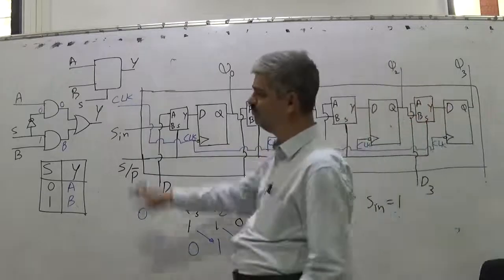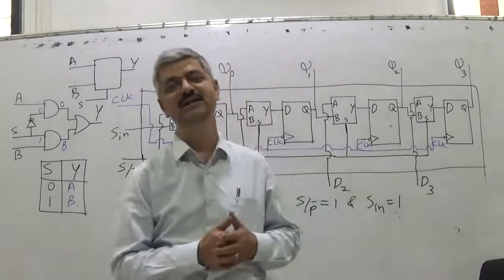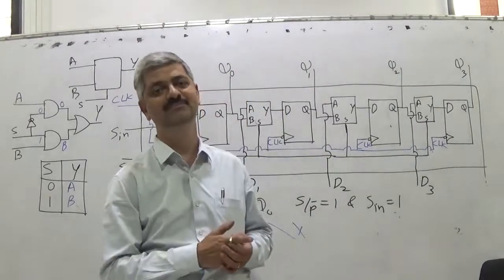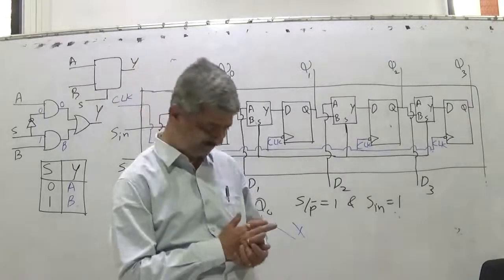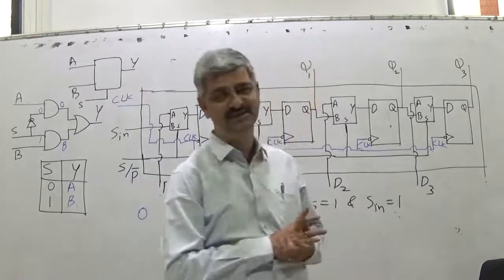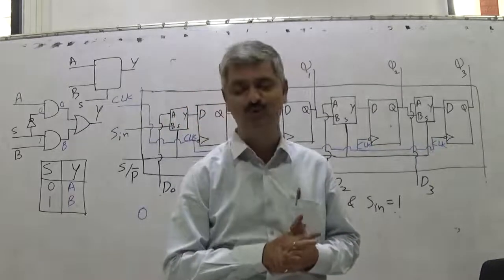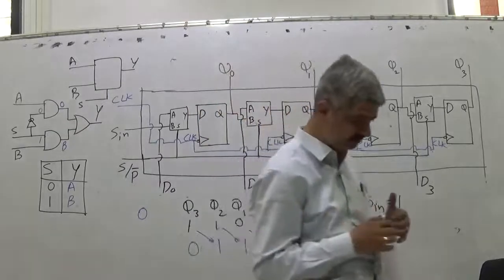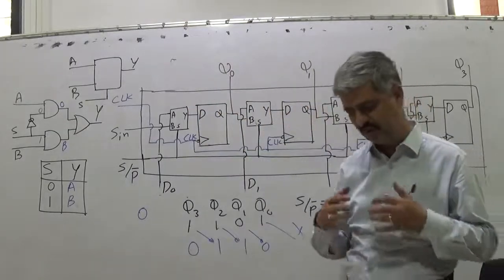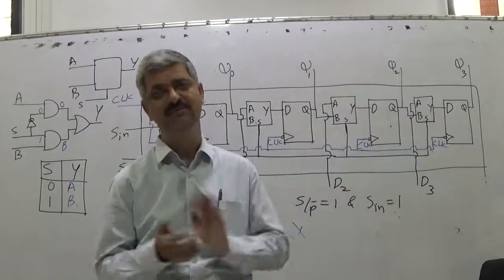There is one more mode called serial mode, in which there is another input pin provided, that is Sin, and whatever is available on Sin comes at Q0, Q0 goes to Q1, Q1 goes to Q2, Q2 goes to Q3. But I want the reverse operation, so those who want to try can pause, try something, and after some time they can resume.